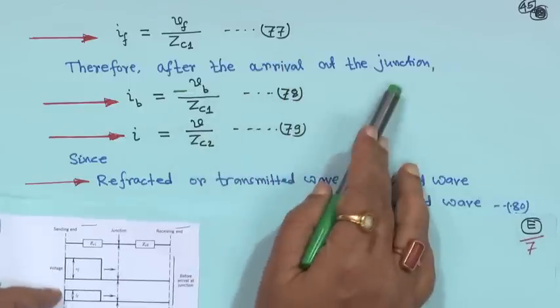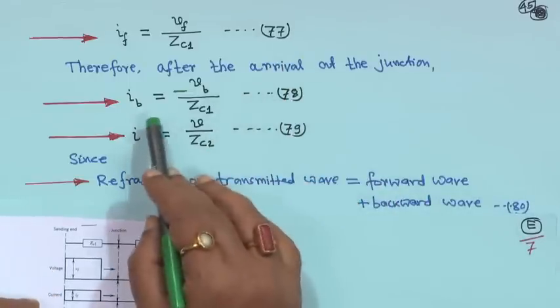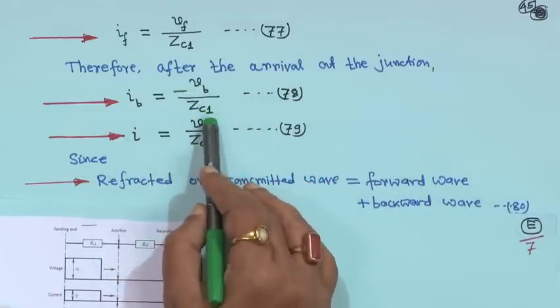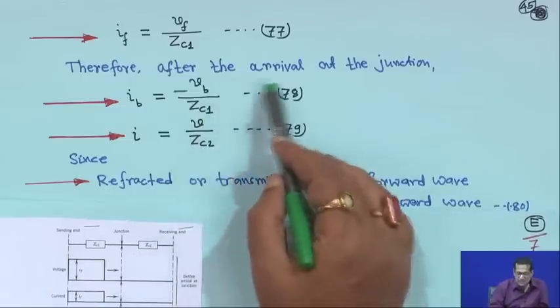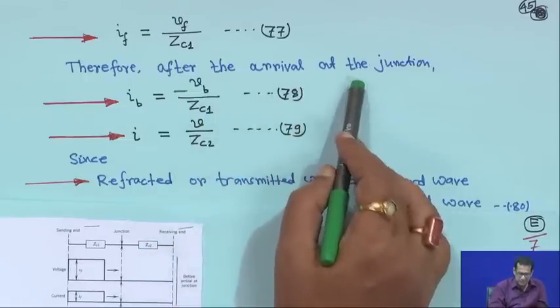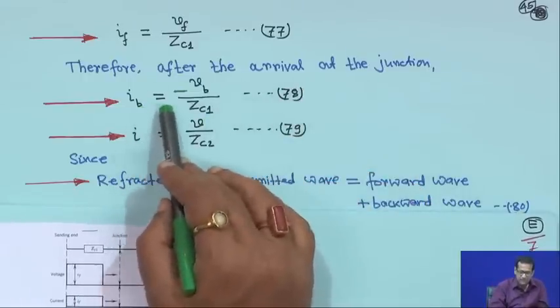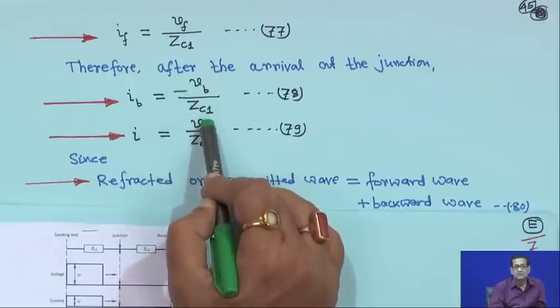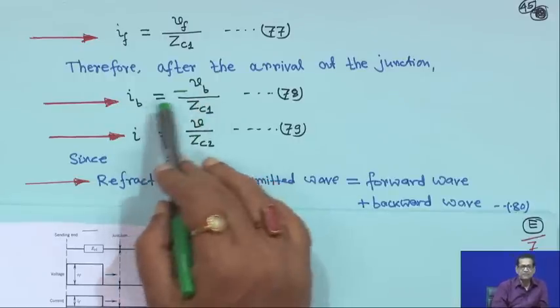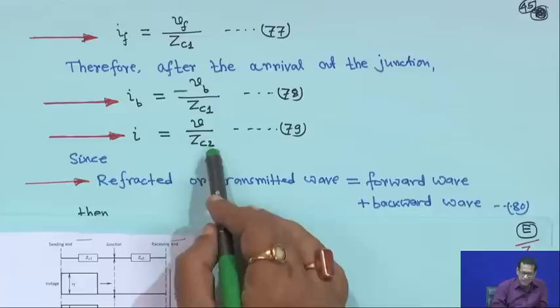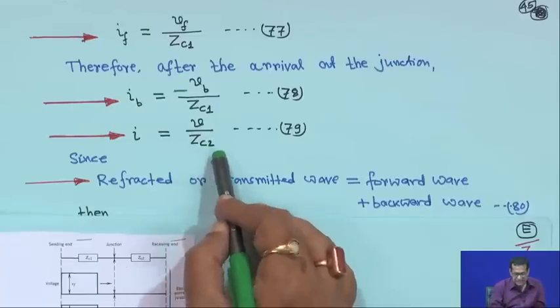Now, after the arrival at the junction, Ib will be minus Vb upon Zc1, right. So, as soon as it arrives at the junction, Ib is equal to minus Vb upon Zc1. This we know, when it is reflecting back, and I is equal to V upon Zc2, right.